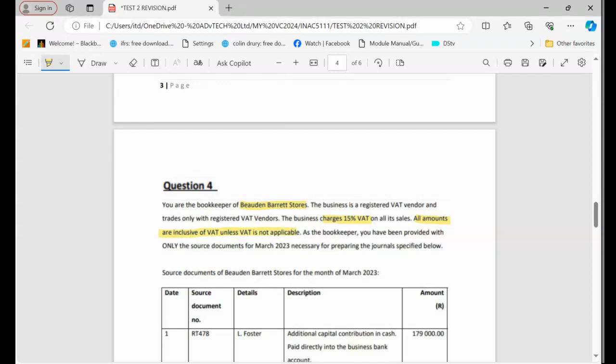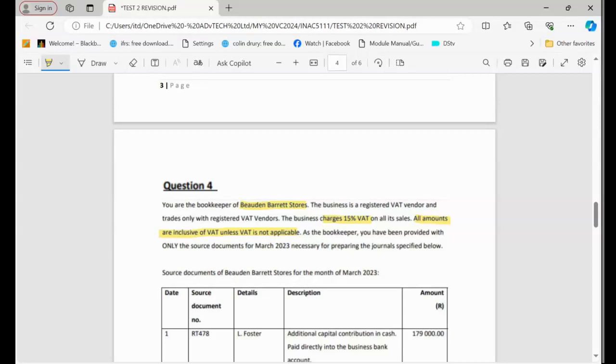It means if they give you an amount and you know that by nature it must be inclusive of VAT, just know that it includes VAT. It is your responsibility to know the items which are not VAT.